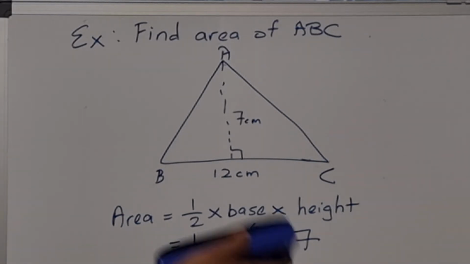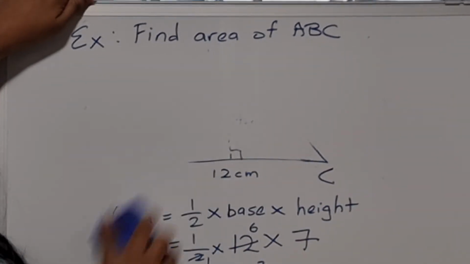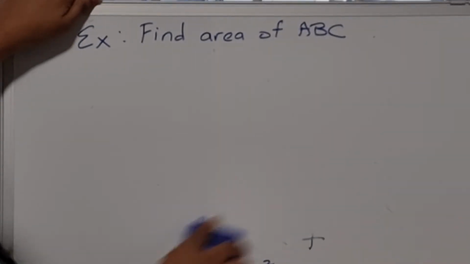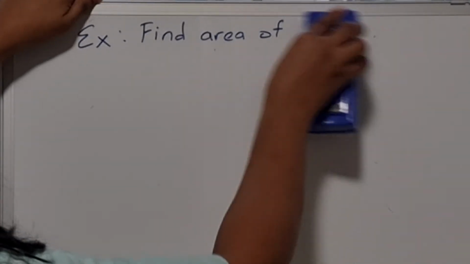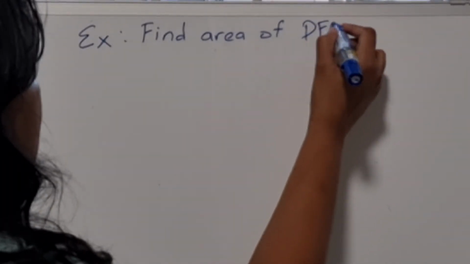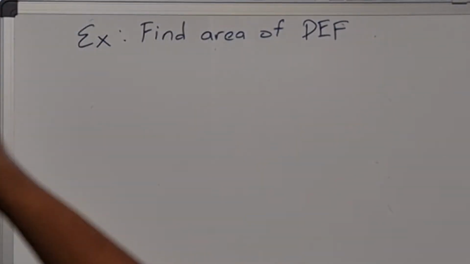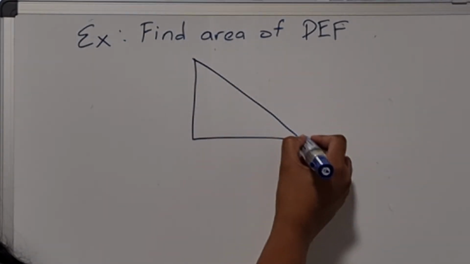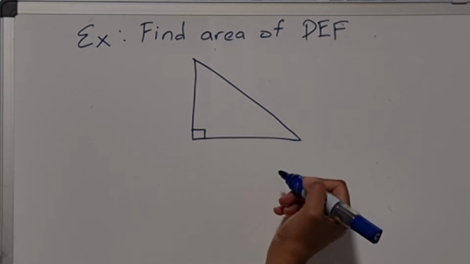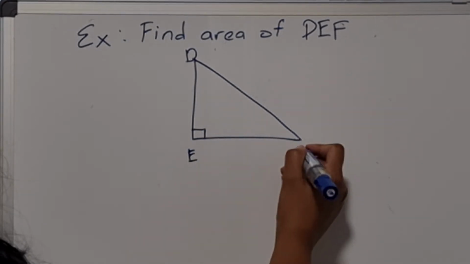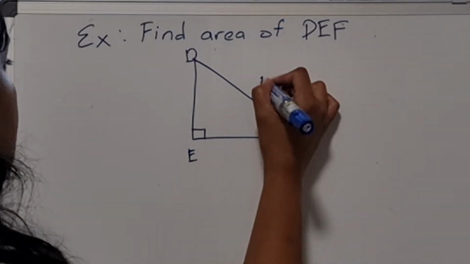Okay, so now we try another triangle. Okay, let me draw D, E, F. Okay, for D, E, F, let's say this is 10 cm.